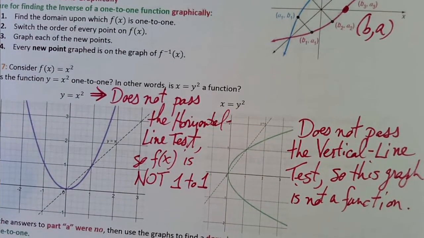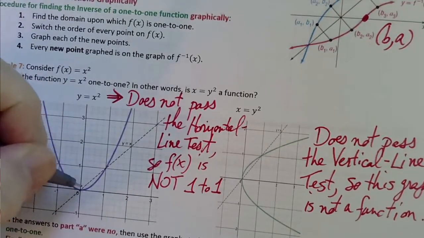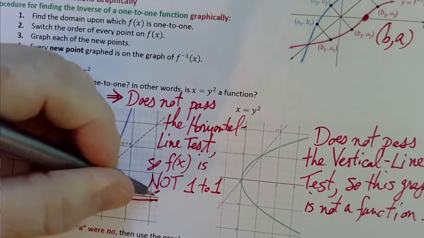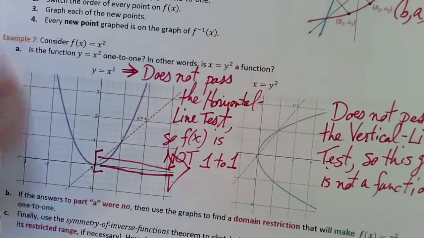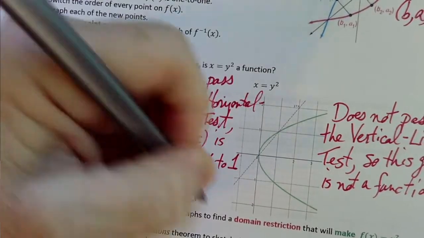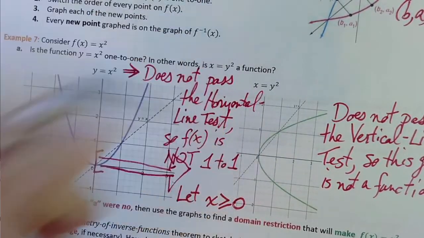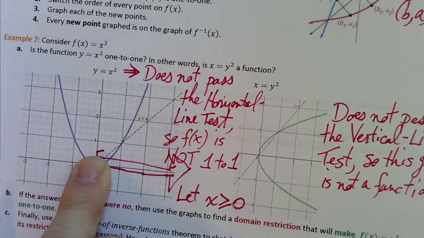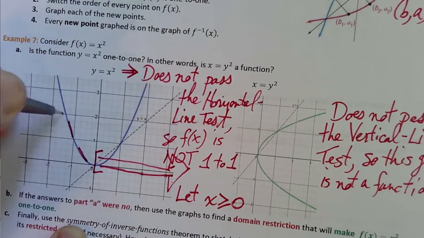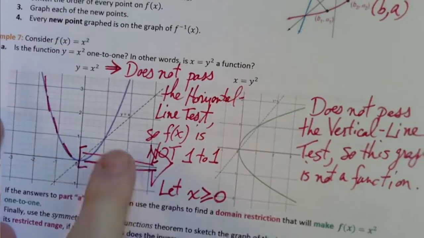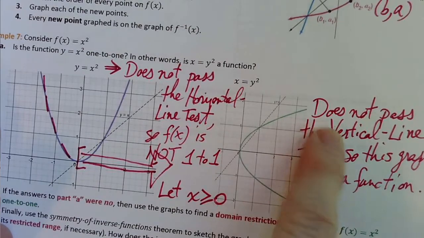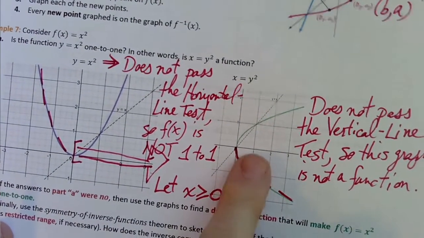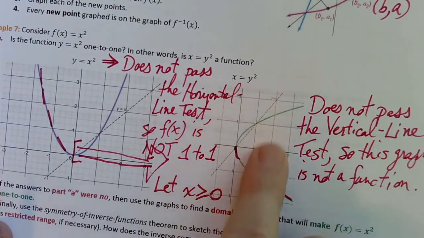And the natural restriction is to let x be greater than or equal to 0, so that we only have this right arm, and that means if we flip it, we'll only have this upper arm, the lower arm will be gone, and we will indeed have a function.